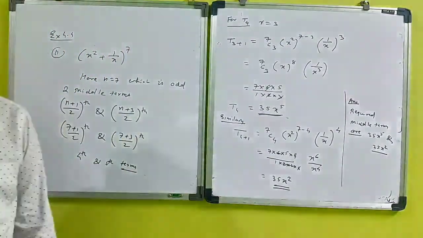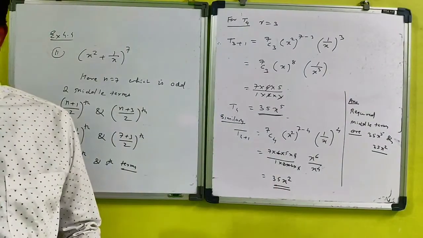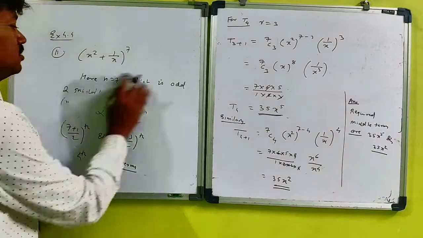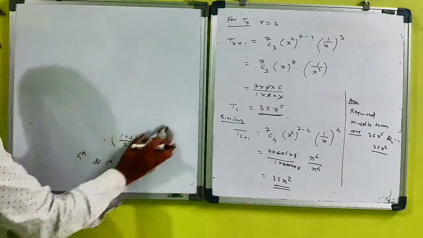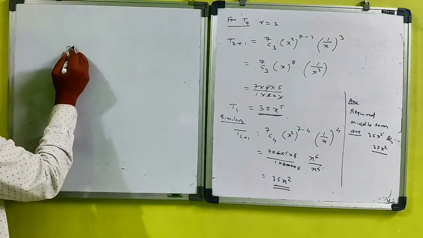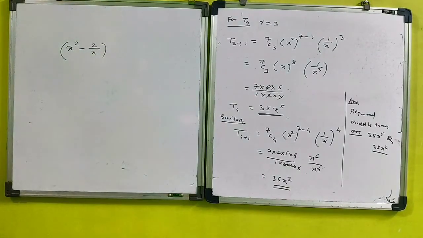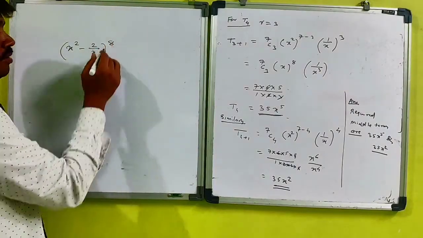Similarly, we solve one more question of this. There is the 3rd question: (x squared minus 2 by x) raised to 8, like this.